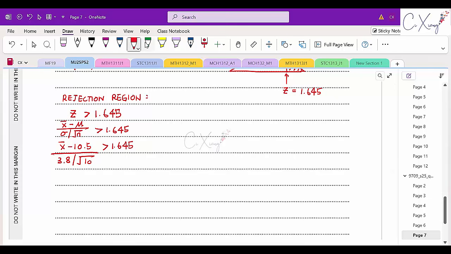Basically, there's an assumption here that we are using, and we need to write it out as requested by the question. The value 3.8 here, we are making an assumption that the standard deviation value remains the same, or unchanged, when I'm using the sample here.